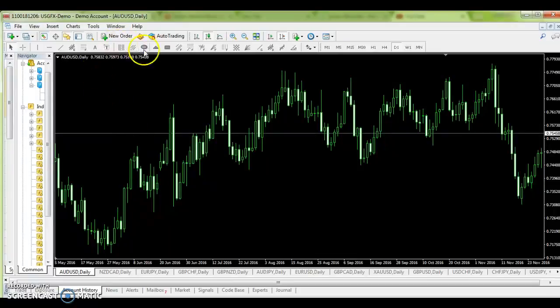So just see, after entering there was a higher high, higher low, higher high, higher low, higher high. After this high and this low, my stop would be there. After this high and this low, my stop would be there.